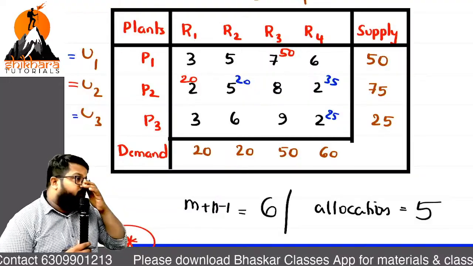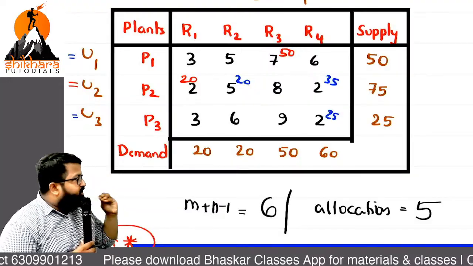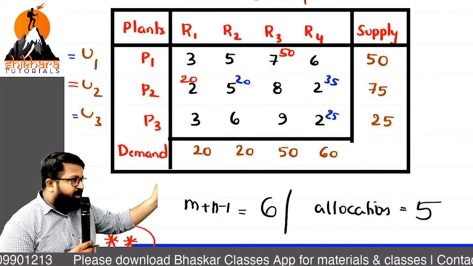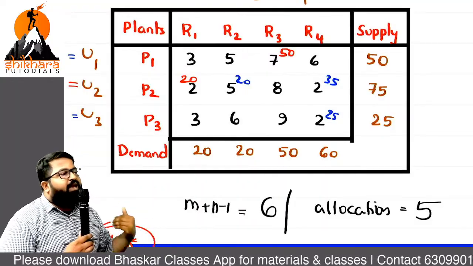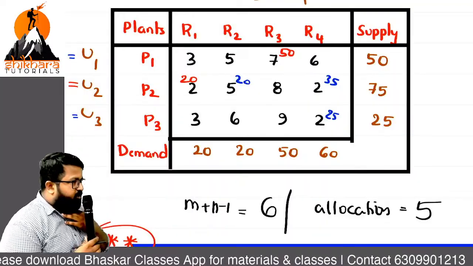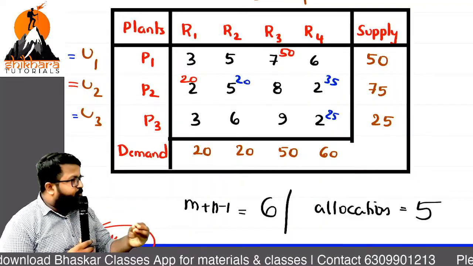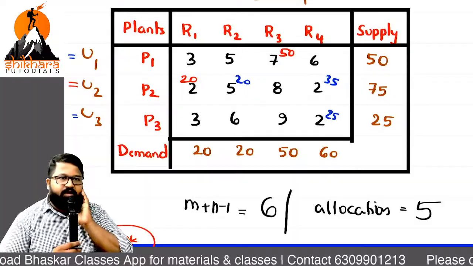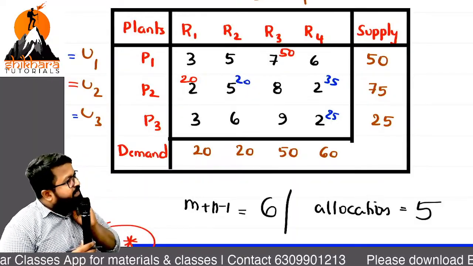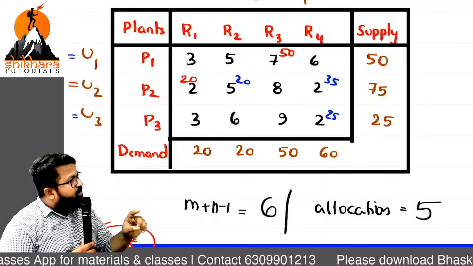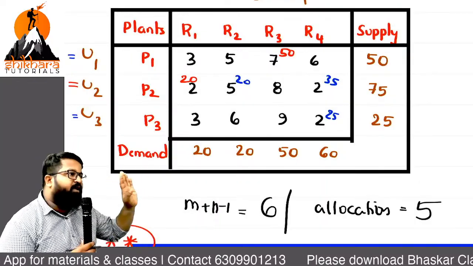First scenario: of all the unallocated elements, we identify the least number and make the allocation for that. That number should be independent. Keep that in mind. Which number are we making the allocation to? The least number which is independent of the unallocated.